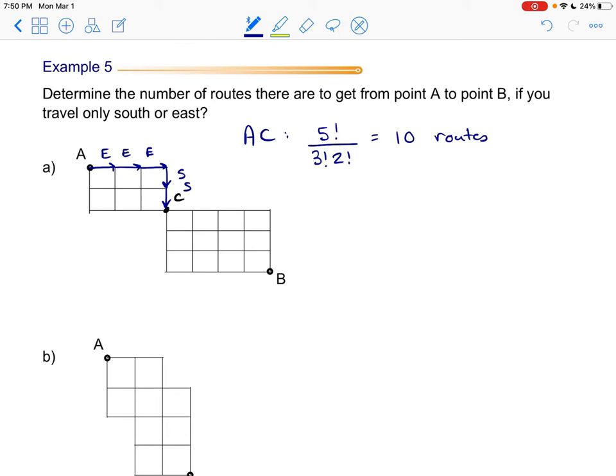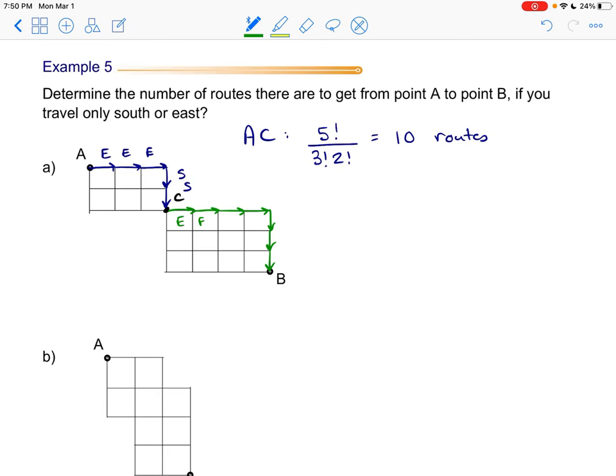Now we want to go the next set of routes, so that's going to be from C to B. I can do this in a different color, and again I'm just going to do the ones that go around the outside because that's just the easiest one to mark off. It doesn't really matter which route you pick.